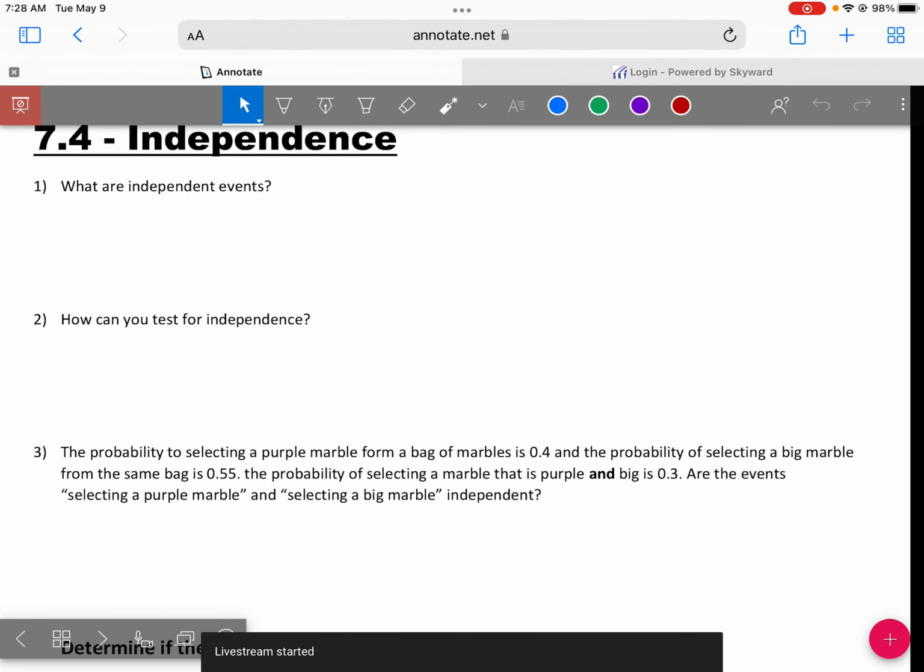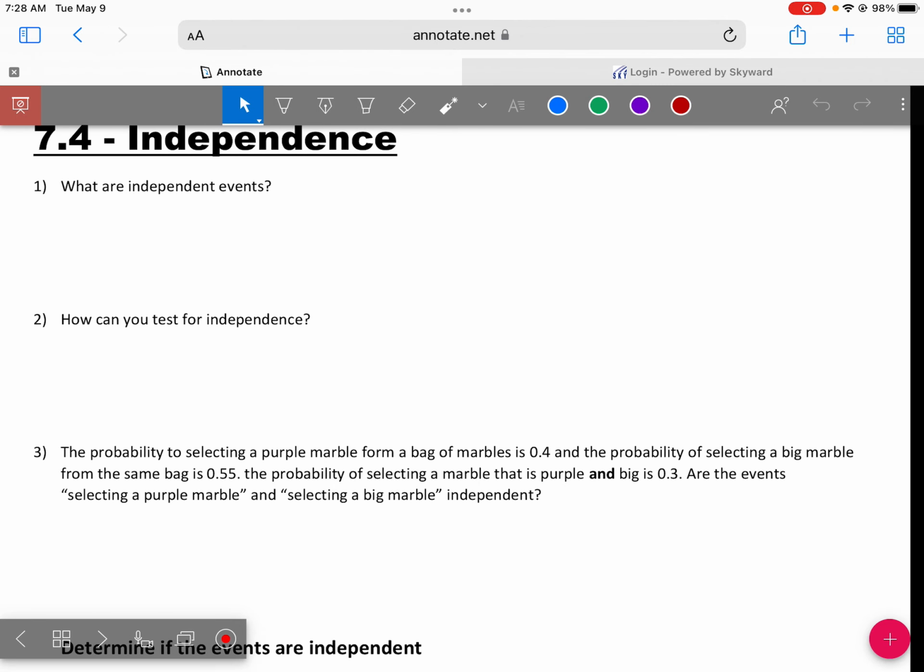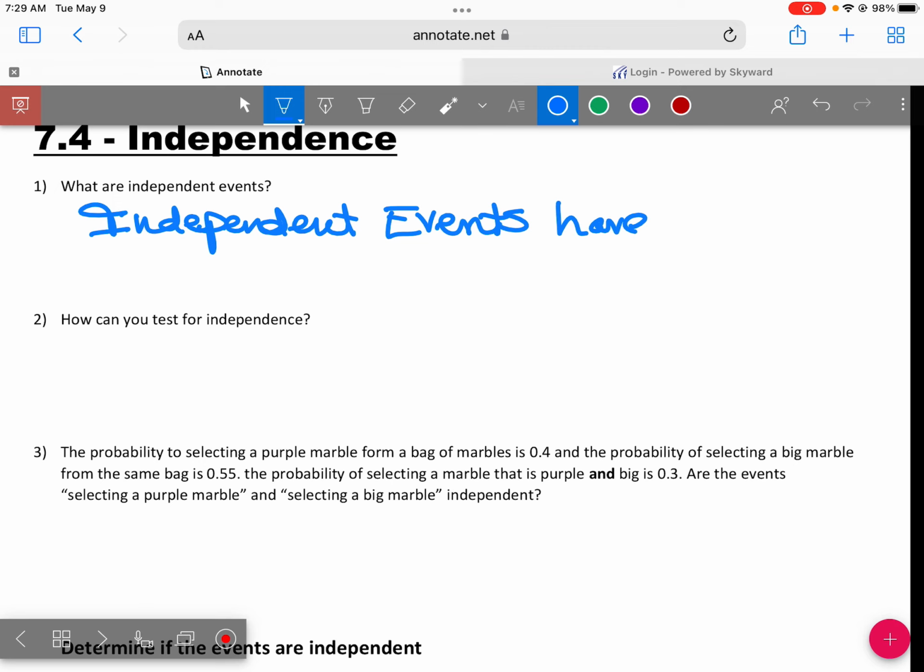So, independence. What are independent events? Independent events have no influence on each other.